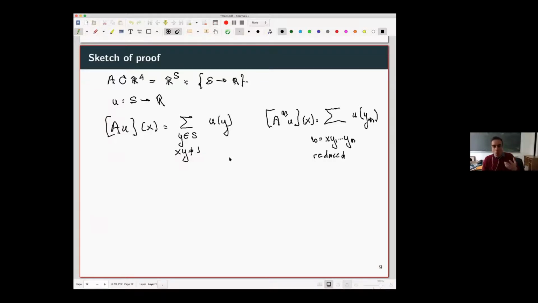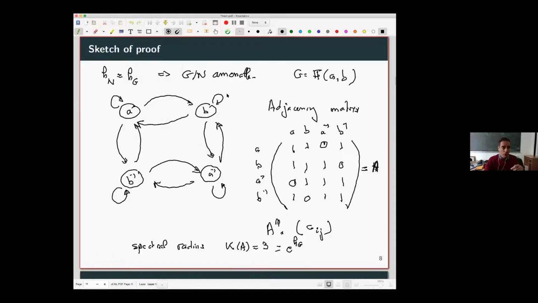So what does this operator A do? It's just a way to count how many reduced words of length n you have. But if you follow a path in this graph, you will get a word, but you are not following what this path is in the group G or in the quotient G mod n.